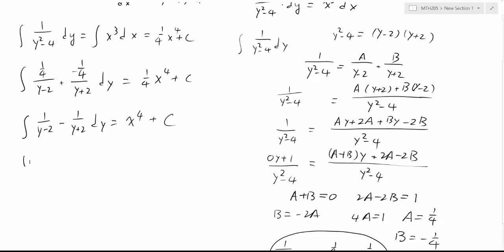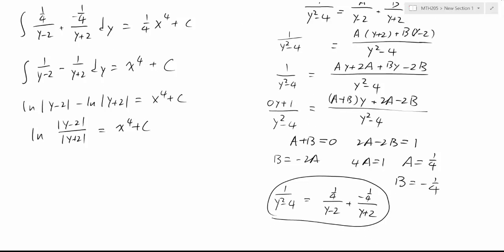And then we integrate, we have log|y minus 2| minus log|y plus 2|, and that's equal to x to the fourth plus c. If we combine these two logarithms together, we have log of the absolute value of (y minus 2) over (y plus 2) equal to x to the fourth plus c.